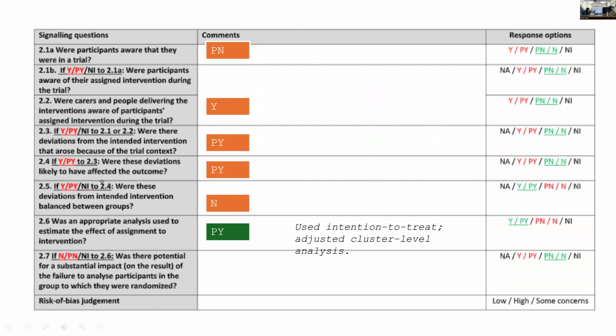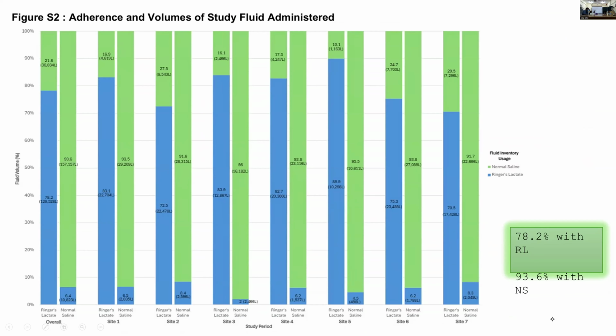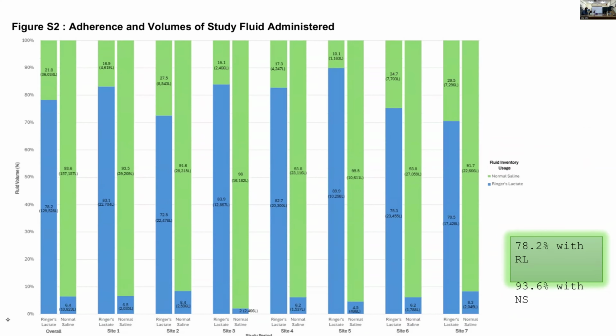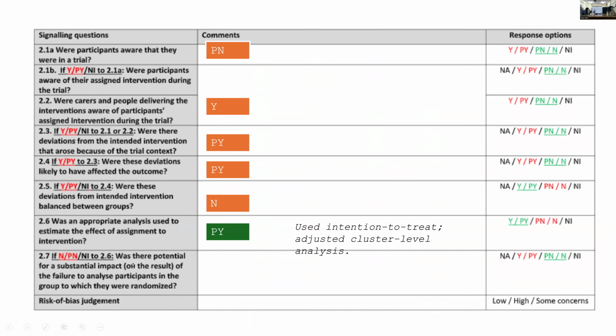And were these deviations likely to affect the outcome? Yes. Were these deviations from intended intervention balanced between groups? They were not balanced. In the RL group, 78.2% was the adherence rate, in the normal saline group, 93.6%. So it was not balanced. Have they used an appropriate analysis to estimate the impact of assignment to intervention? Yes. They used an intention to treat analysis adjusted for cluster level analysis.